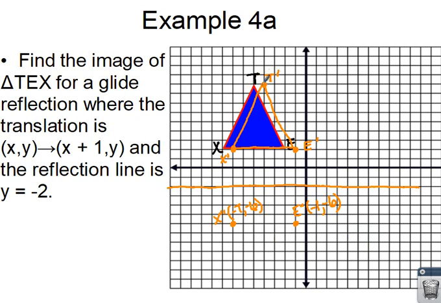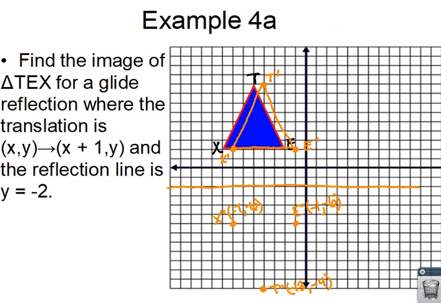And then T, way up here, 1, 2, 3, 4, 5, 6, 7, 8, 9, 10, 11, all the way down here. T double prime would be negative 13, negative 4.